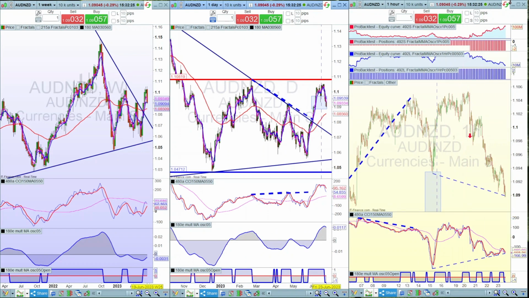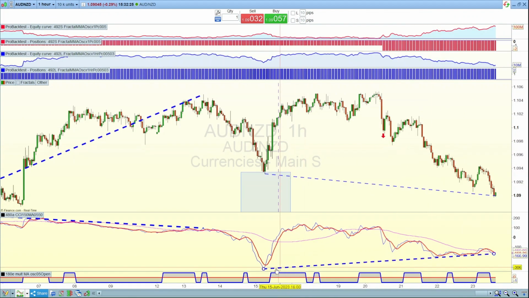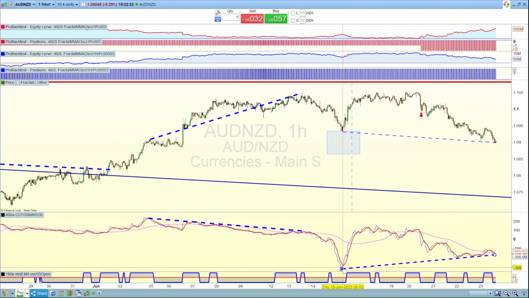However, on the hourly, we've got this bullish divergence on the CCI versus a bearish divergence on the price chart. Now you'll notice it's not making new lows like it is on the price chart. It's making new highs, or new higher lows, I should say, on the CCI versus lower lows on the price chart. That's giving us a bullish divergence.